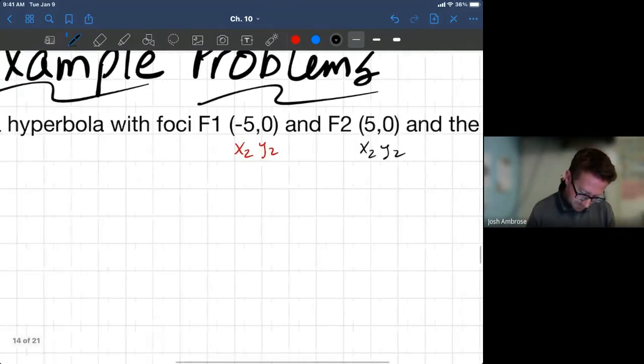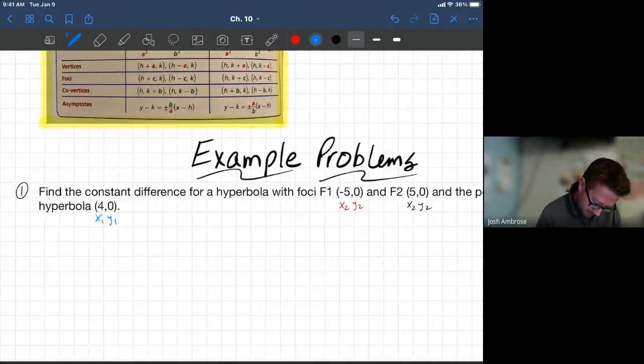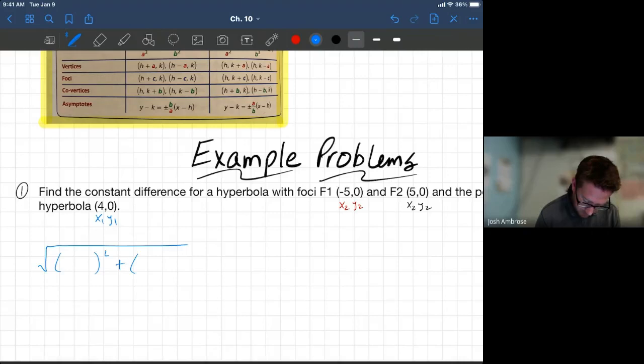That would work. And then just make sure that you're not crossing things over. All right, well, let's write it out. So we have the distance formula, and we are going to use the point and then the f1. So we have a -5, and that is subtract 4, and then we have our 0 and subtract 0. So that works out easily.